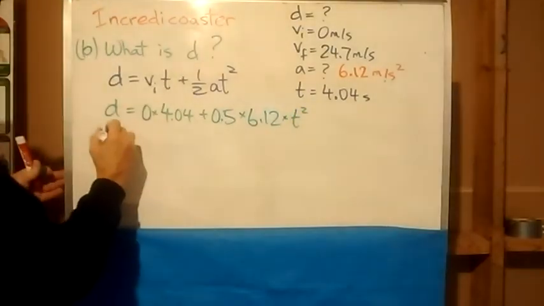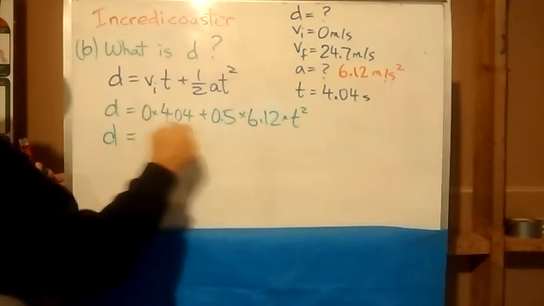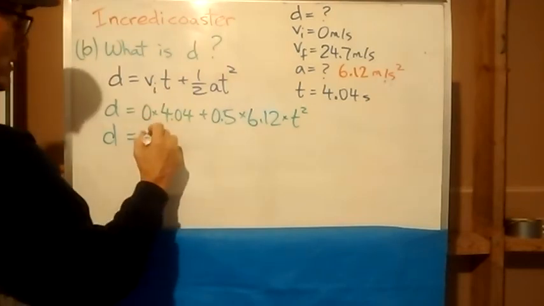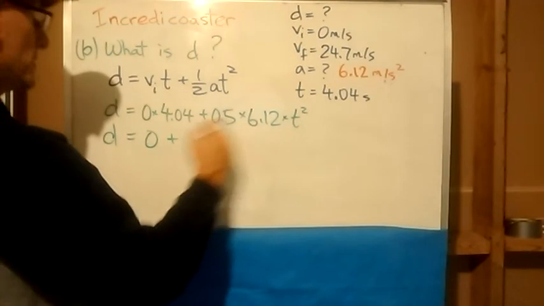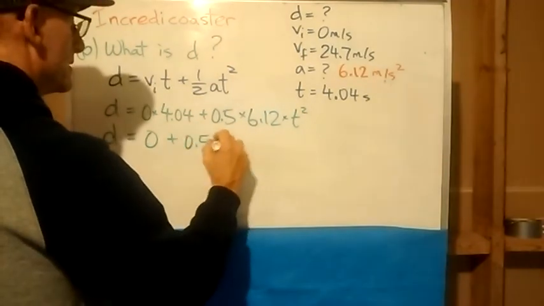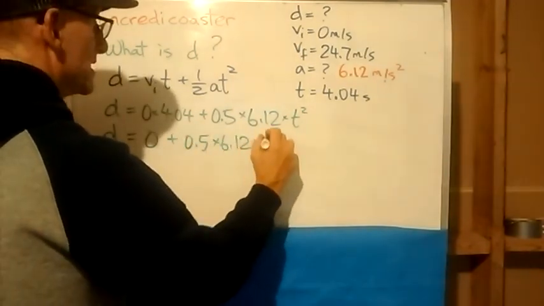So if I simplify this, this whole thing is 0. 0 times anything is 0. Plus 0.5 times 6.12 times t squared.